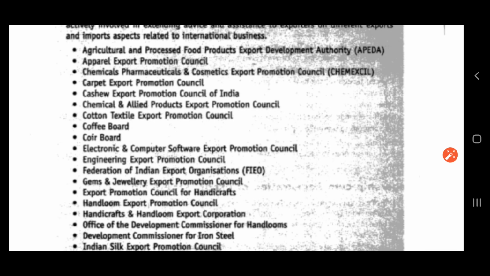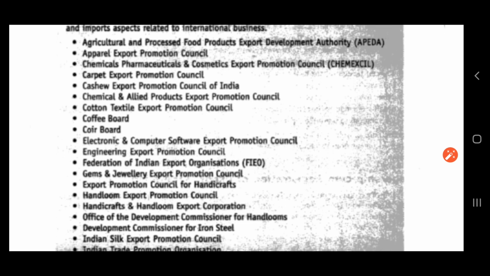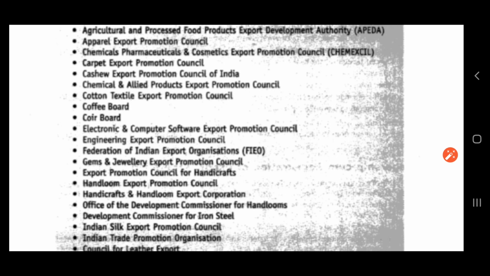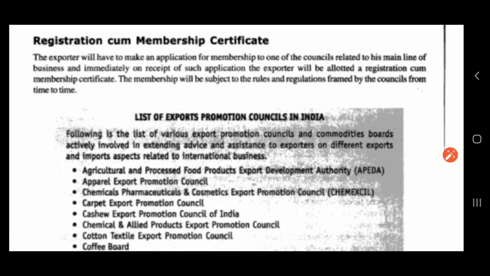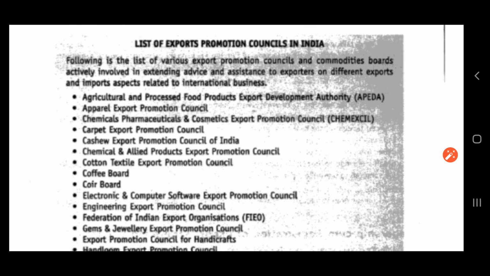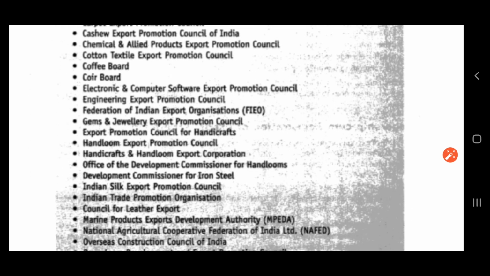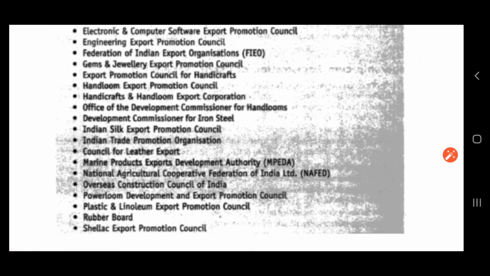The first one is APEDA, Agriculture and Processed Food Products Export Development Authority, and Apparel Export Promotion Council, Chemicals, Pharmaceuticals and Cosmetics Export Promotion Councils. So many promotion councils are there in India. Depending on the product category, the exporter may join the respective promotion council so that he may get the useful information as we discussed just now.